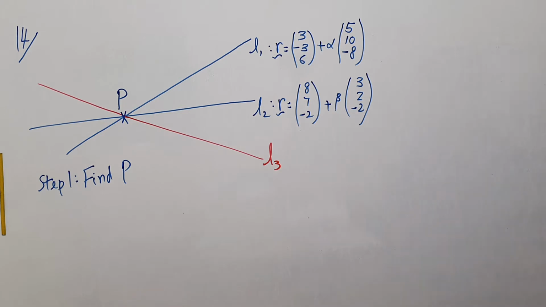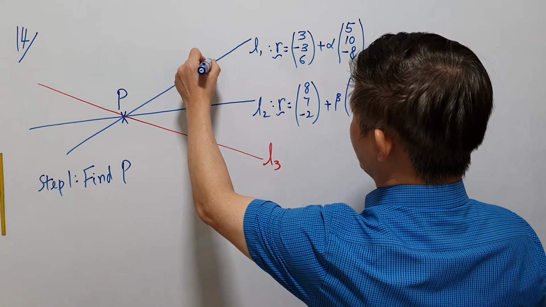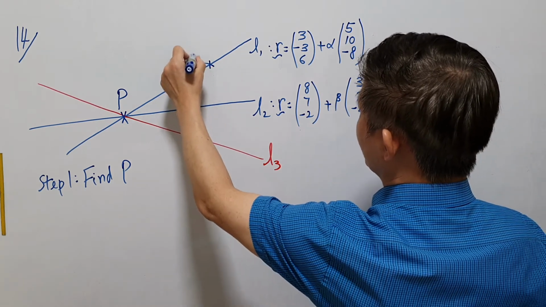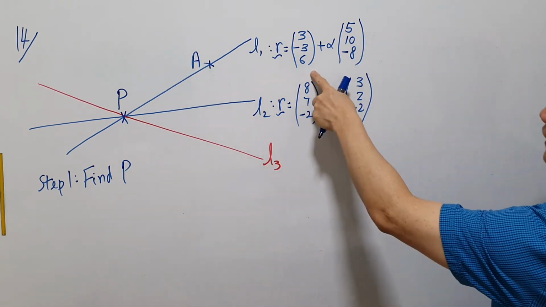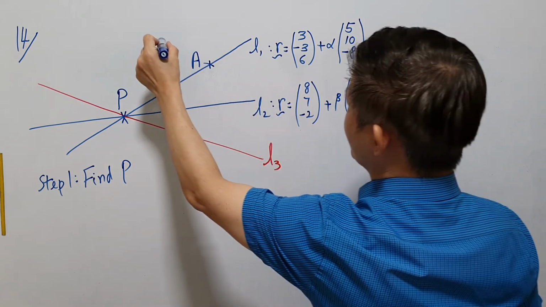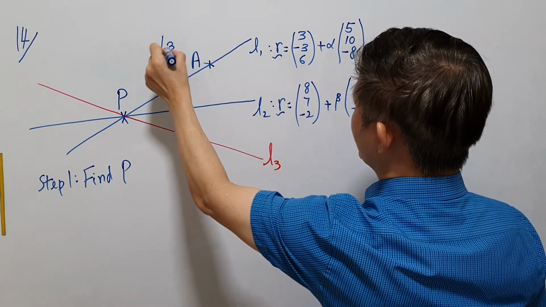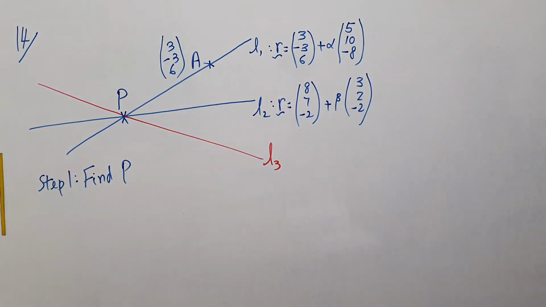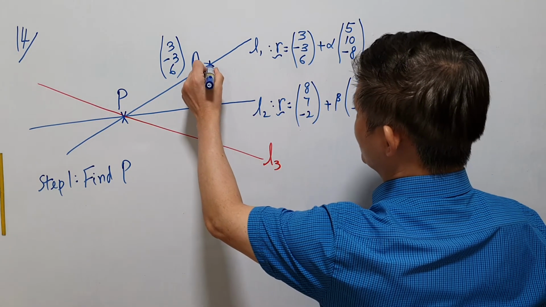The second step that I'm going to do is, I'm going to take a point on line L1. I call this point A. Conveniently, the point on line L1 could be chosen as 3, minus 3, 6. In my step two, I will want to find the foot of perpendicular from the point A to the line L2.